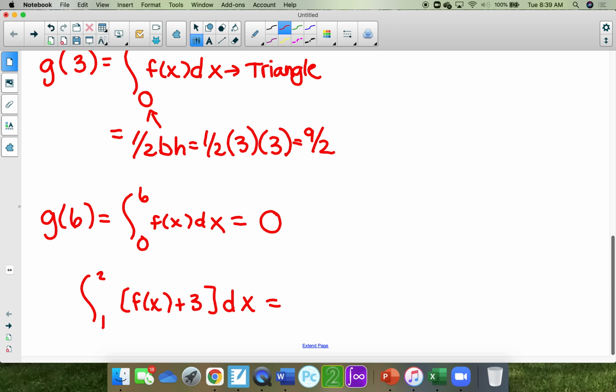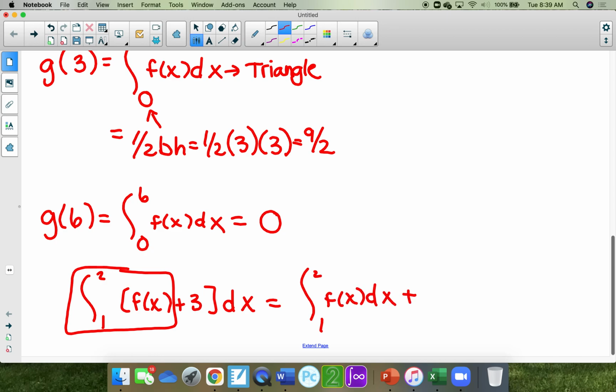What they want you to do on the AP test is they want you to break this up. They want you to integrate from 1 to 2 of f of x dx plus 1 to 2 of 3 dx. See how you're splitting this up?